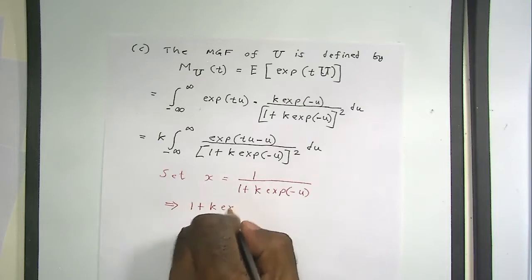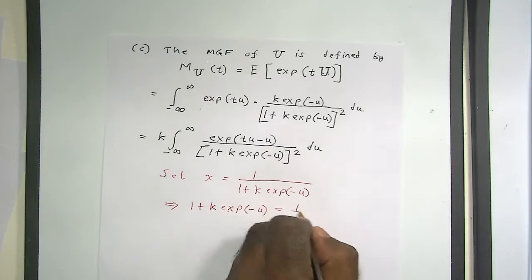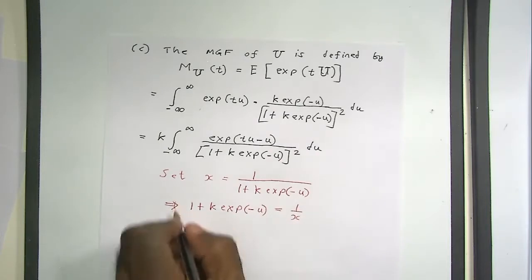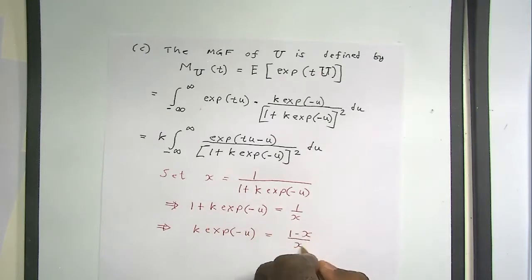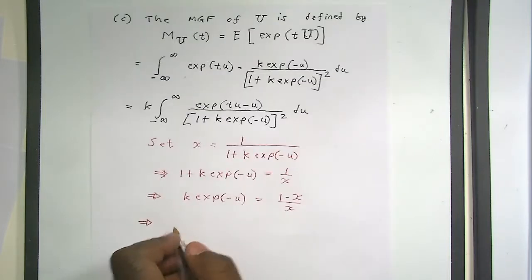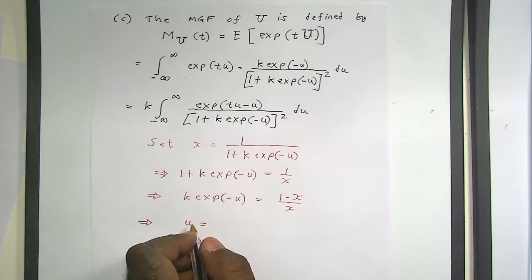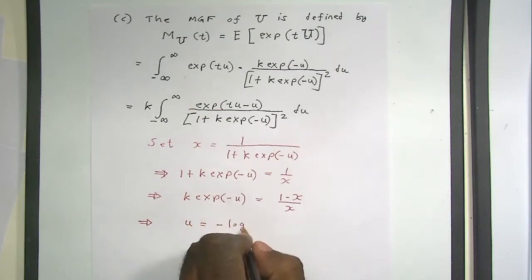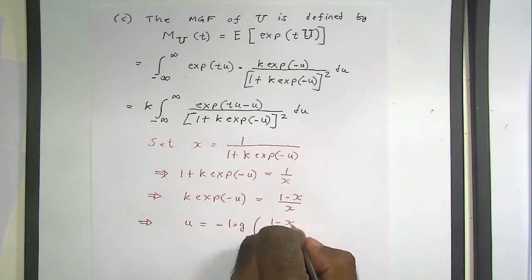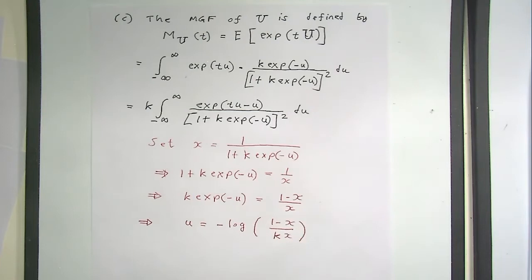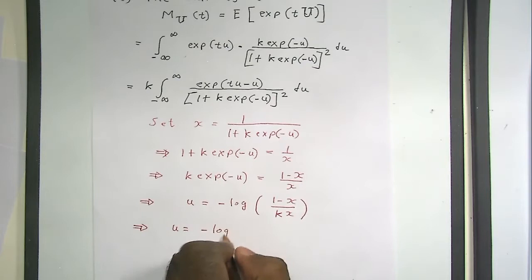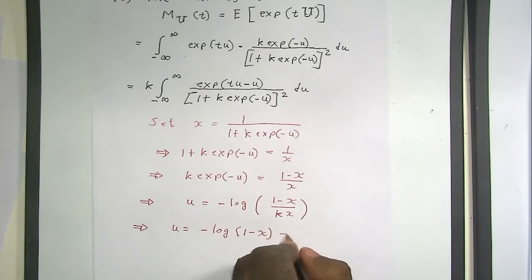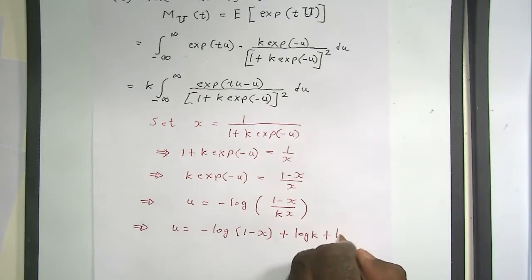So this will be 1 plus k, and this implies that u is minus log of 1 minus x plus log of k plus log of x.